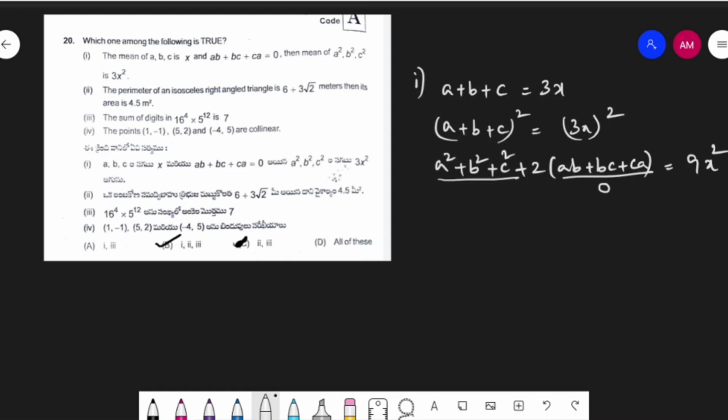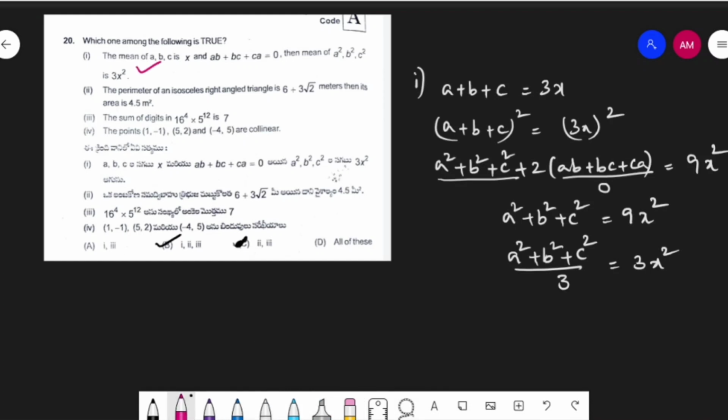So we need to find a square plus b square plus c square. So from this, a square plus b square plus c square is equal to 9x square. But we have to find the mean of these 3. That means a square plus b square plus c square by 3, it will be 3x square. So the first statement is true.